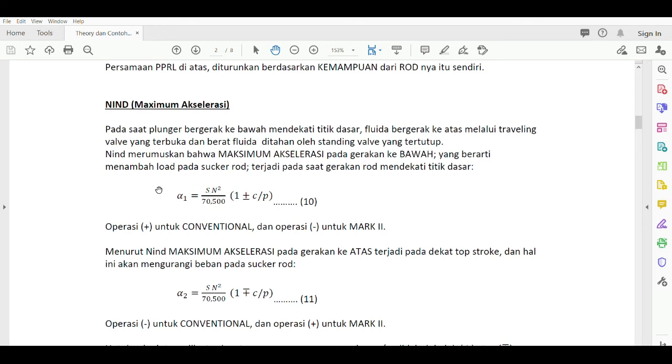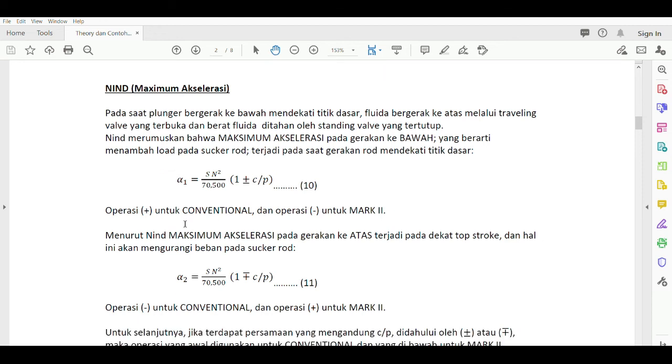This is the expression given by Nin: crank radius divided by pitman length. The plus sign is for conventional, negative for Mark II.